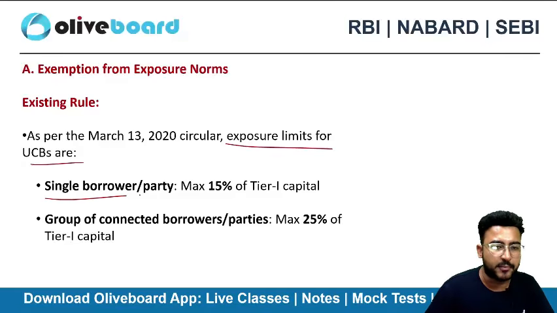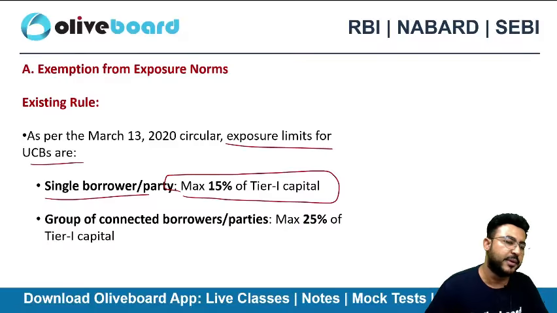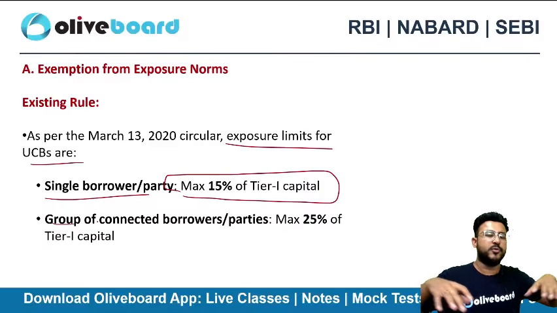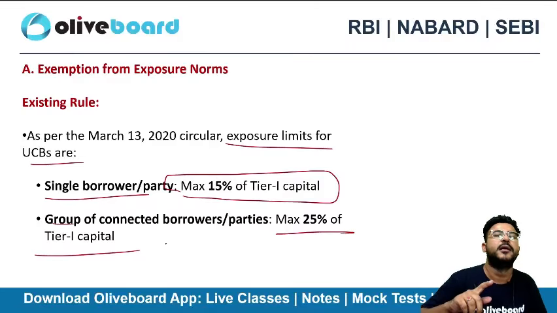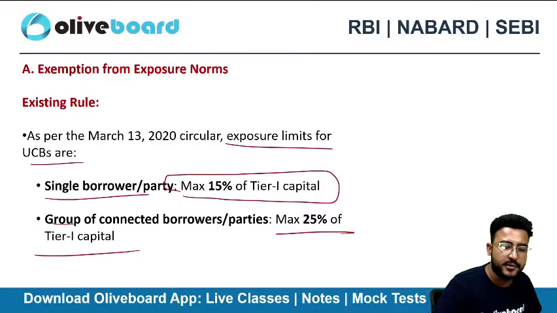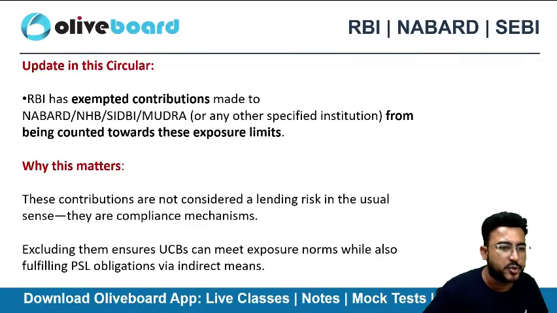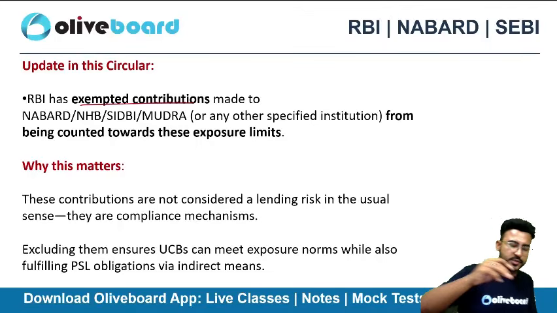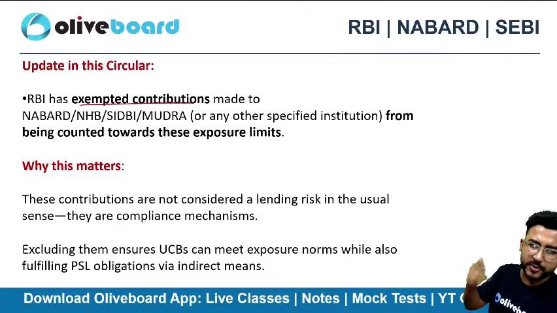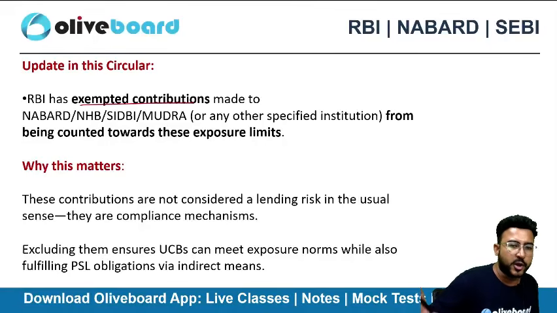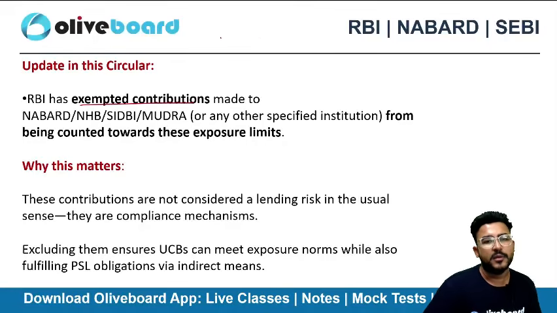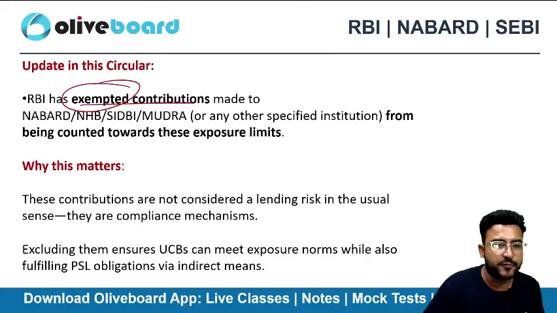If you are a single borrower or a single party, then maximum 15% of the tier 1 capital. If a group of connected borrowers or parties are there, then maximum 25% of the tier 1 capital. So RBI just clarified that if you are making a contribution because of the PSL shortfall, to NABARD, NHB, SIDBI, Mudra, this particular contribution will be exempted from the limit.